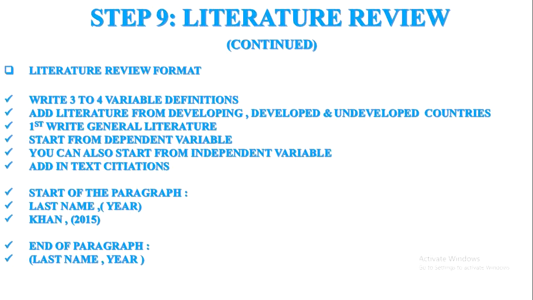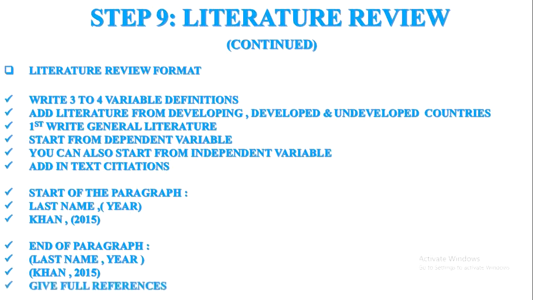At the start of the paragraph, you write last name, comma, bracket, year. But at the end of the paragraph, when you write an in-text citation, there is a bracket, last name, comma, year, and bracket close. Like this, (Khan, 2015) is an example of an in-text citation. I hope it's clear to you.